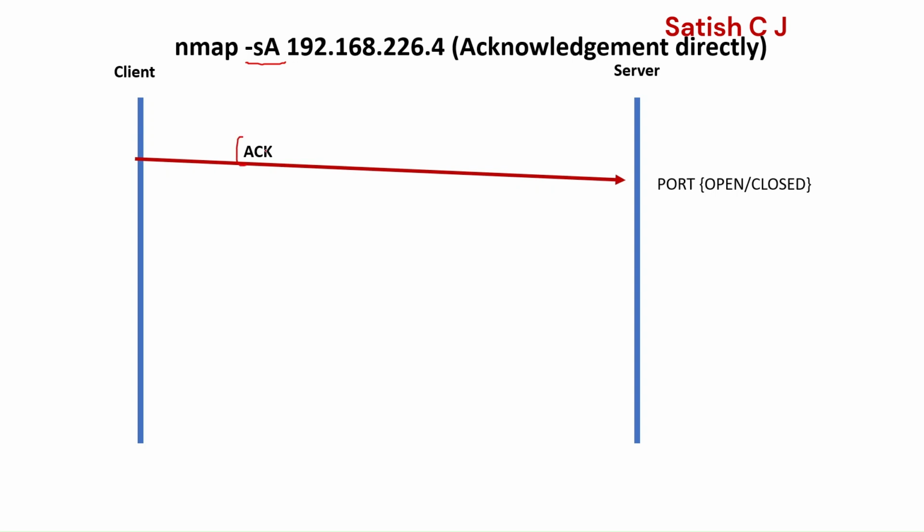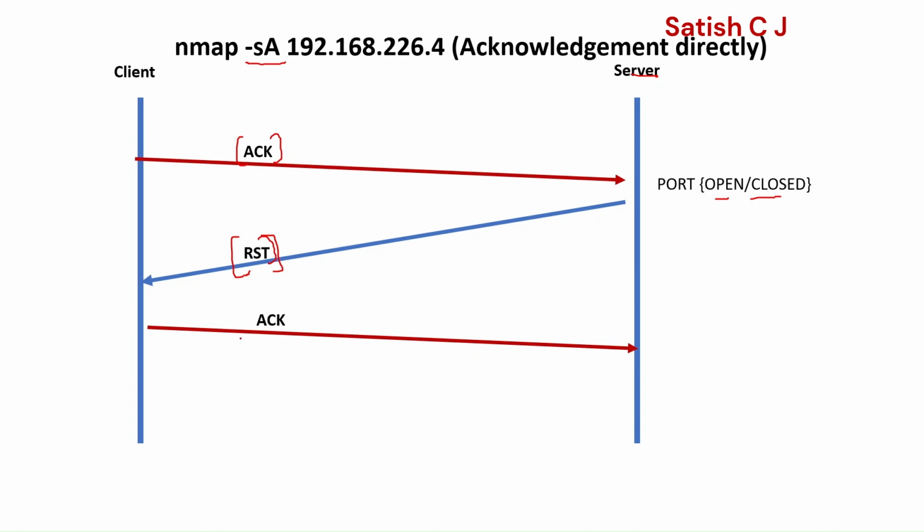This is like an illegal packet to the server. It doesn't understand what an ACK is. So whether the port is open or closed, it's going to send a reset flag. That is according to the standard. If you directly get a packet with the ACK flag set to 1, whether the port is open or closed, we should send a RST packet.